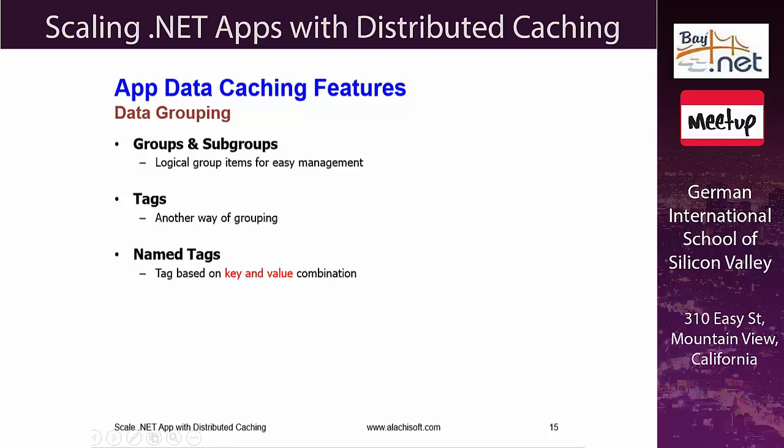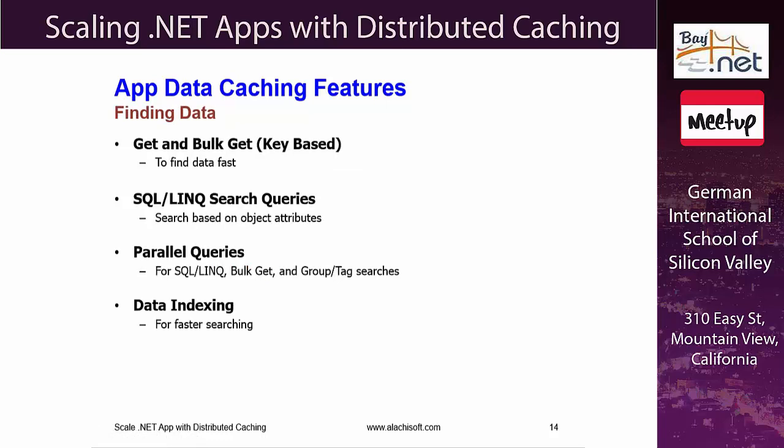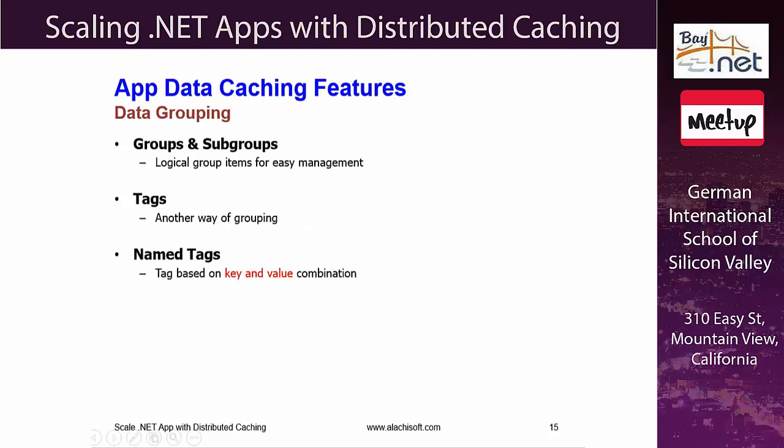These data grouping features can be accessed through a special API in NCache, but more importantly, you can include them in SQL searching. So when you search with SQL, you can say where customer.city equals New York and customer.group equals group A. So again, different ways to be able to search data.